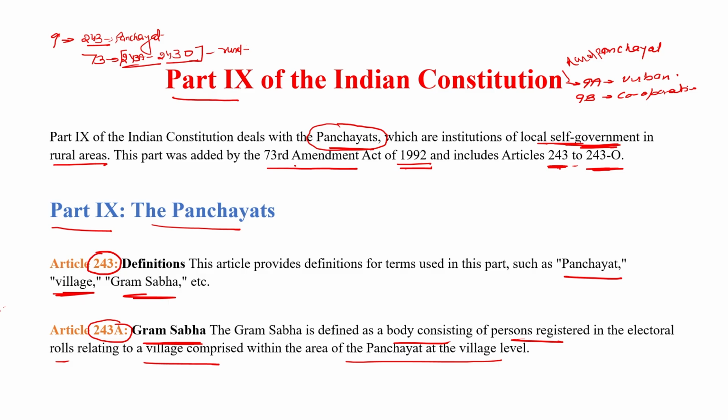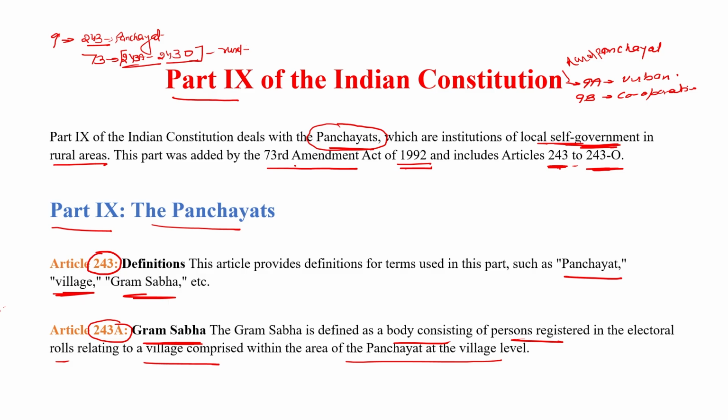So we have discussed three parts of the Indian Constitution. Part 9 relates to rural panchayat. It explains the three-tier structure of the rural panchayat: the Gram Panchayat, the Block Samiti, and the Zila Parishad. It also explains the tenure, the term, and the rules and regulations for the village panchayat. Also, the election of the village panchayat is mentioned in Part 9 of the Indian Constitution.